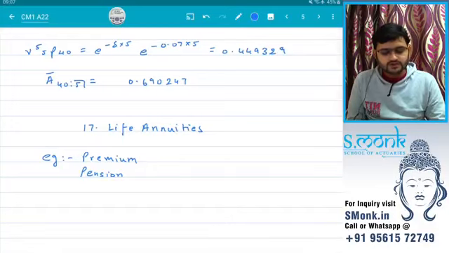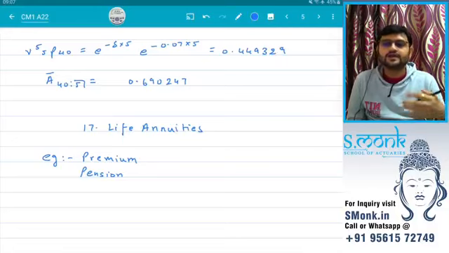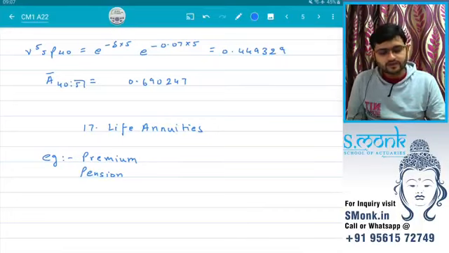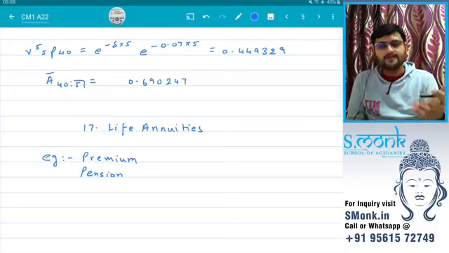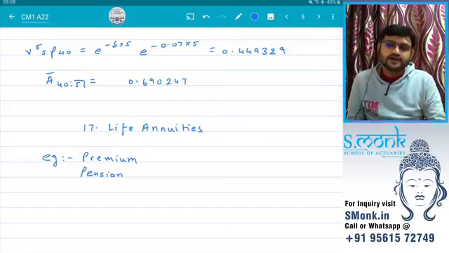There can be many different kinds of annuities. You can create such an annuity yourself. Let's say you win a lottery of a big amount. Rather than using that big amount today, you can give it to an insurance company and say, take this amount, invest it however you want, and then give me this much amount every single month so that I have a certain income for the future.